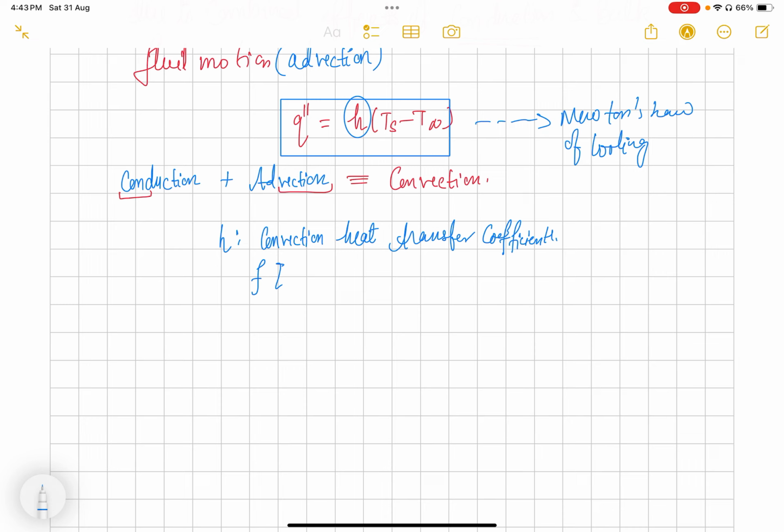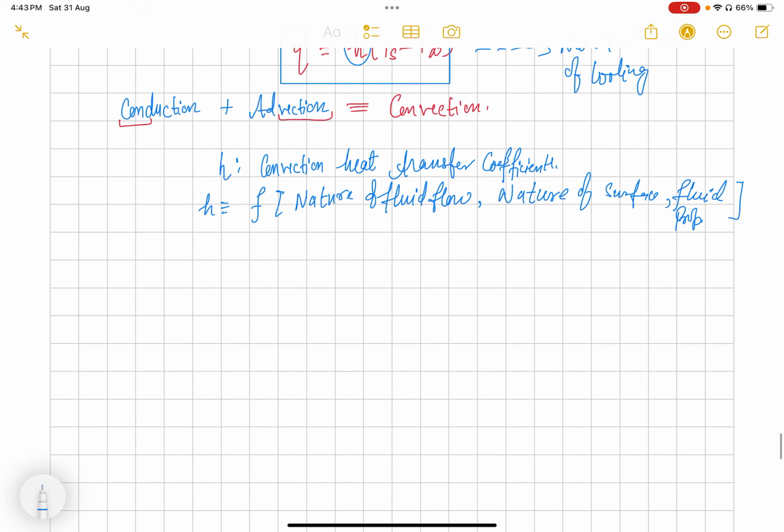It depends on the nature of the fluid flow, like whether it is laminar or turbulent, and the nature of the surface, whether it is smooth or rough, and fluid properties, etc. Many other parameters it depends on, like orientation of the surface, like it is horizontal, vertical, and all.